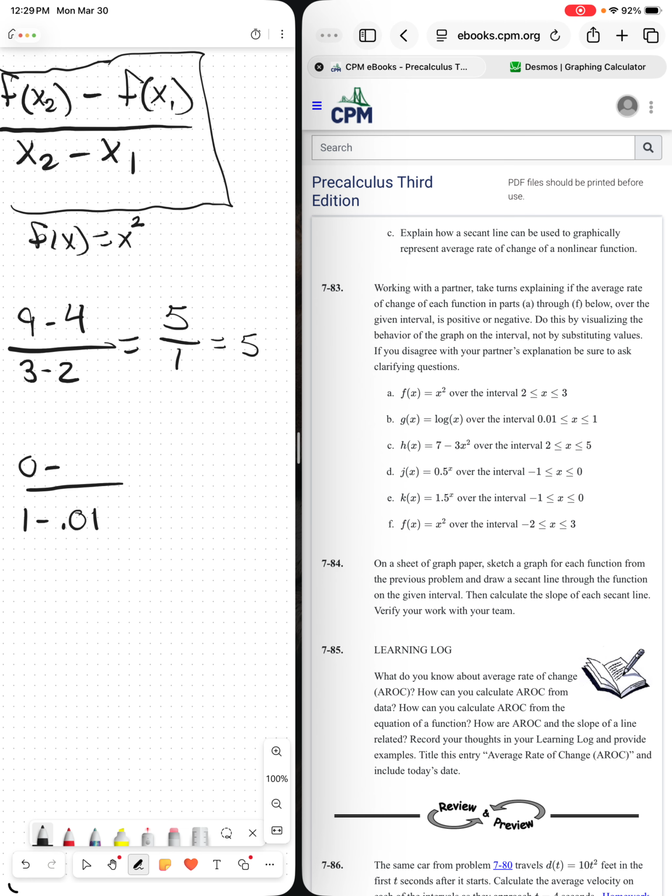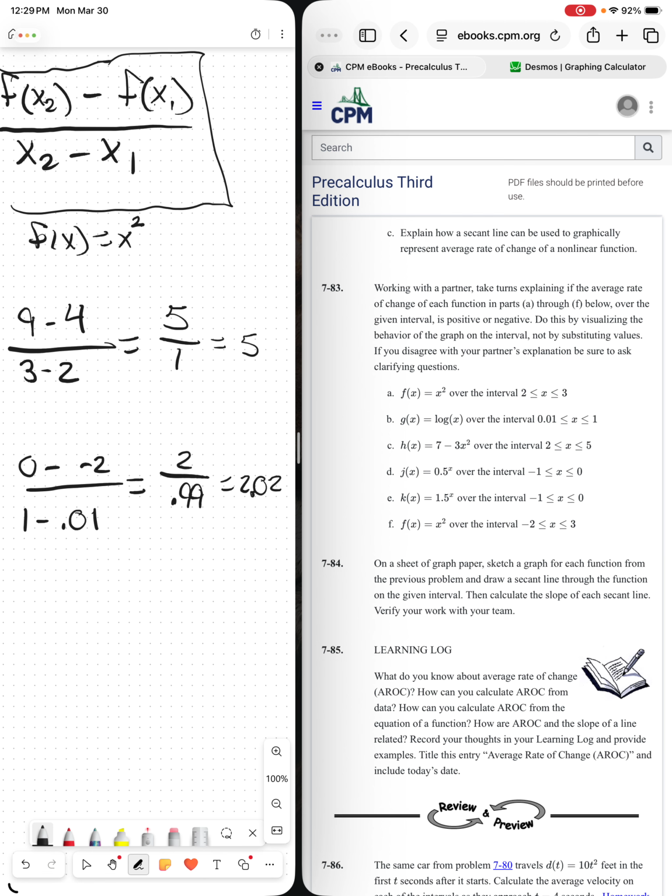And then the log of 0.01, that'd be negative 2. So this is going to be 2 over 0.99, which is about 2.02.